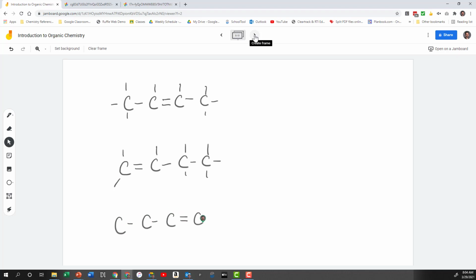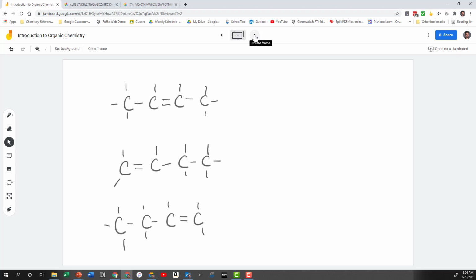Look, I've put the double bond in different locations, right? So now what we need to do is figure out how to distinguish between these different ones. Since we have different locations, we're going to have to describe them slightly differently, right?